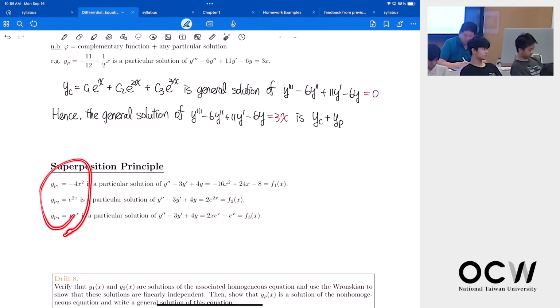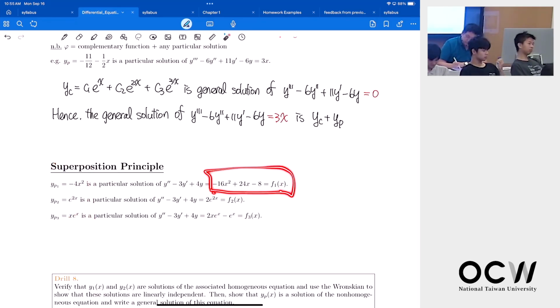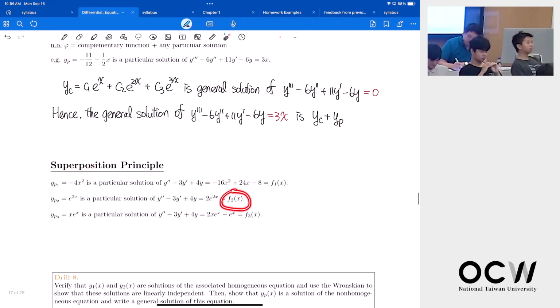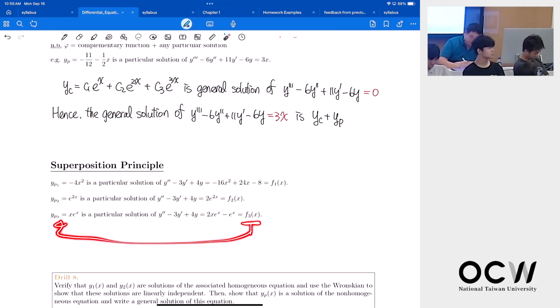We will also learn how we find this particular solution with a different forcing function at the end of this chapter. But since I tell you that, for this case with forcing function f1, I have this particular solution. Forcing function f2, I have particular solution p2. And also for forcing function f3, I have a particular solution p3.